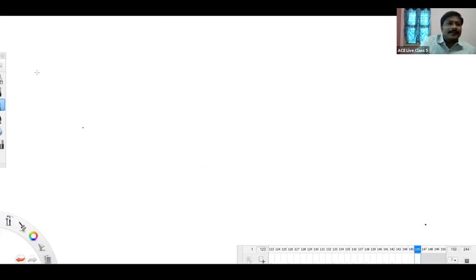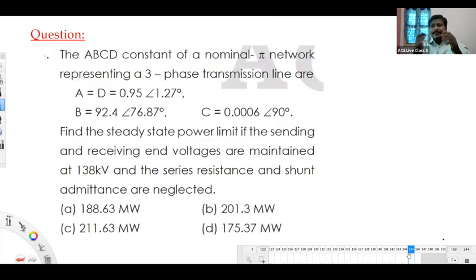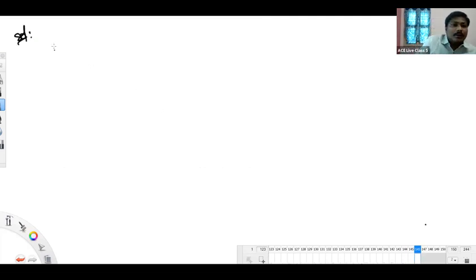Let's write first. He is saying that we have a transmission line outside, practically speaking. That transmission line, what we are seeing on the tower, is represented in the nominal pi model. The nominal pi model ABCD parameters they have given.